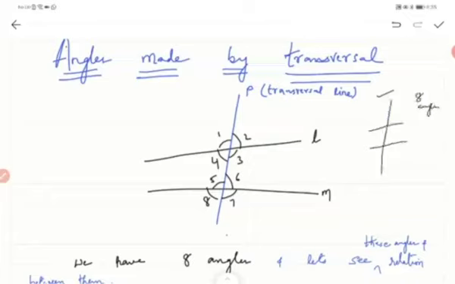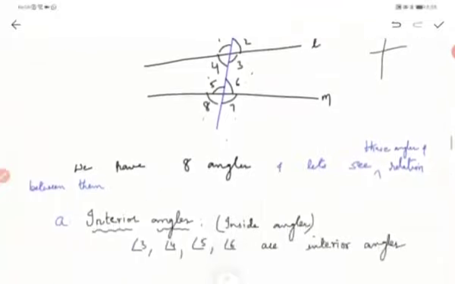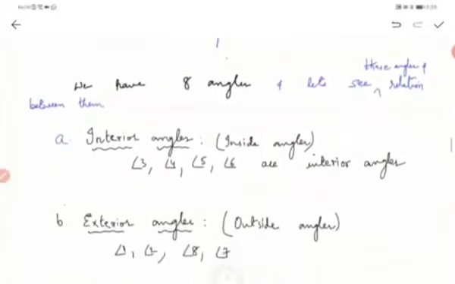We can see 1 2 3 4 5 6 7 8. So 8 angles are formed. Interior angles are 4, exterior angles are 4. Let's see one by one the relation between them.